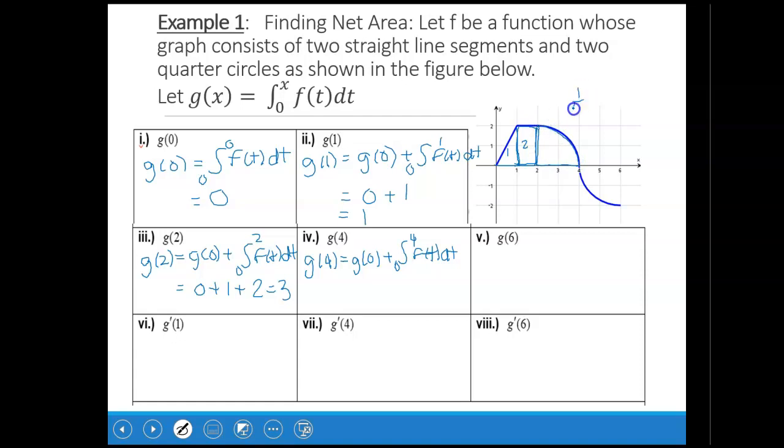So its area is 1/4 pi r squared. Where again, my radius is from 2 to 4, so my radius is 2. So 2 squared is 4. So 1/4 of 4 is pi. So this area right here is pi. This area is negative pi. So the integral from 0 to 4 is 3 plus pi.